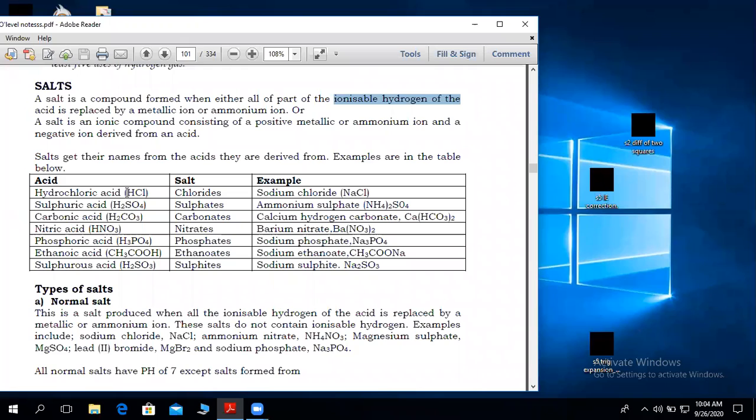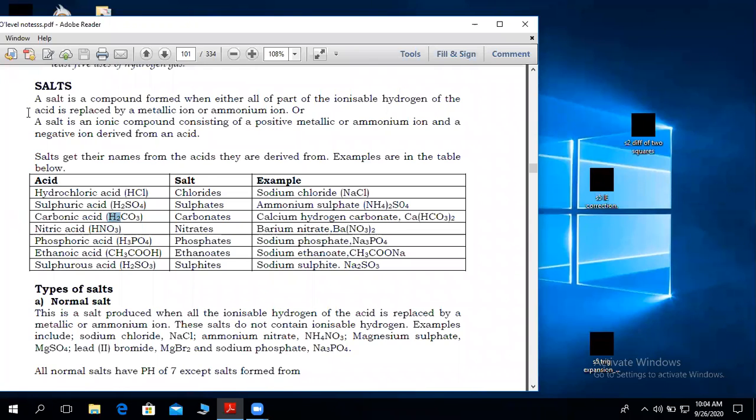You see, every acid starts with hydrogen. Every acid, in its formula, starts with hydrogen. As we shall see later on when we begin a topic called acids and bases, we shall look at acids in detail. But for now, you know that every acid starts with a hydrogen.